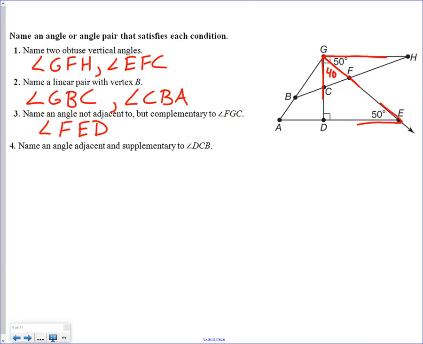Name an angle adjacent and supplementary to DCB. So adjacent means it has to share a side and a vertex. What's the vertex of DCB?